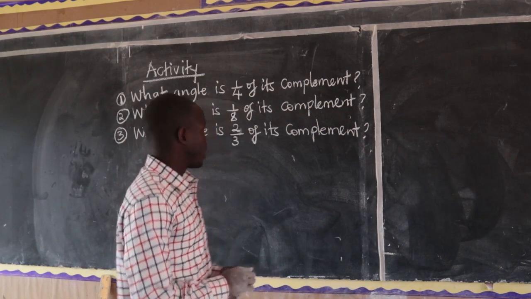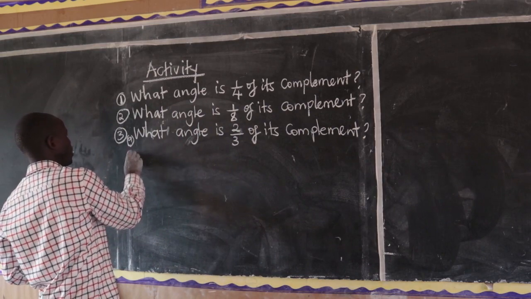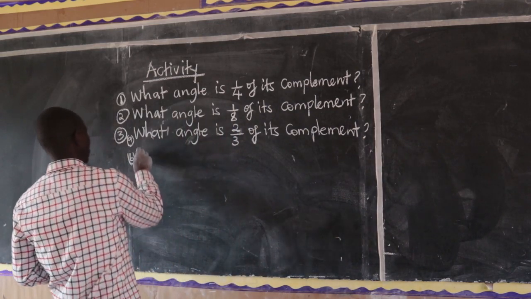And our question 3 has 2 parts. A is that one, and B says find its complement.